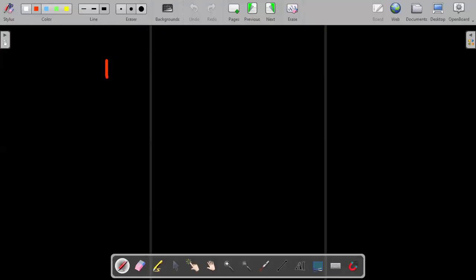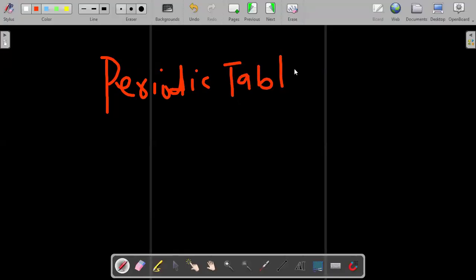The periodic table. What led to the periodic table, as I was saying, is that there are too many elements in the world, plenty of them. So let's try to arrange them. It's like having a lot of books in your house: you have novels, poetry, prose, and a lot of other things.